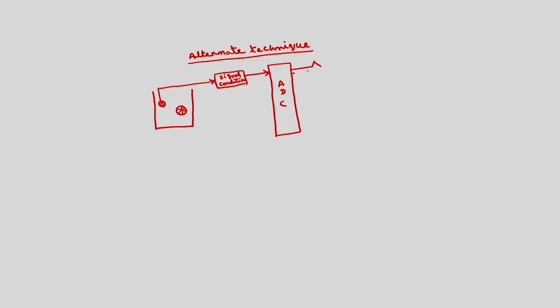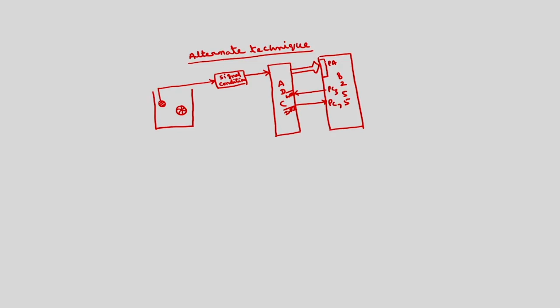This digital equivalent value is given to some of the ports of 8255. This is the same as the previous setup. Start of conversion and end of conversion are similar. This is WR bar, this is INTR bar, this is port A, this is PC3, this is PC7.